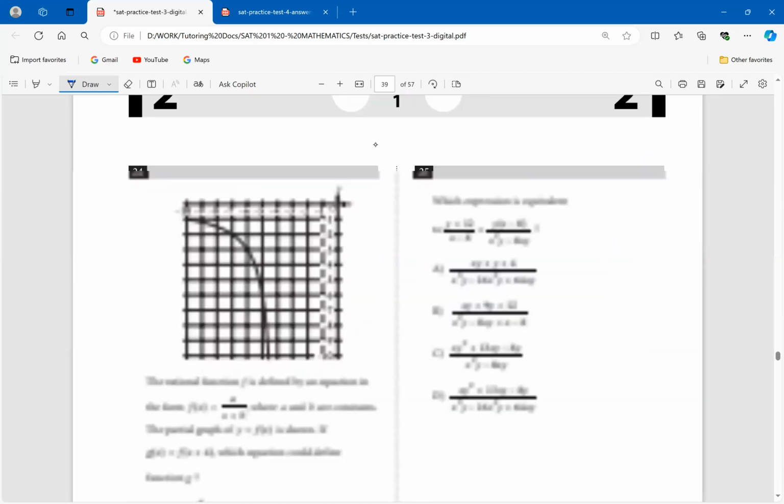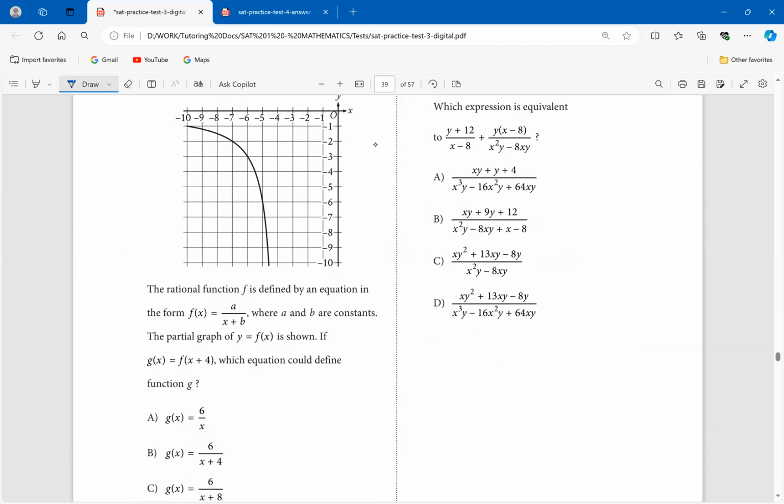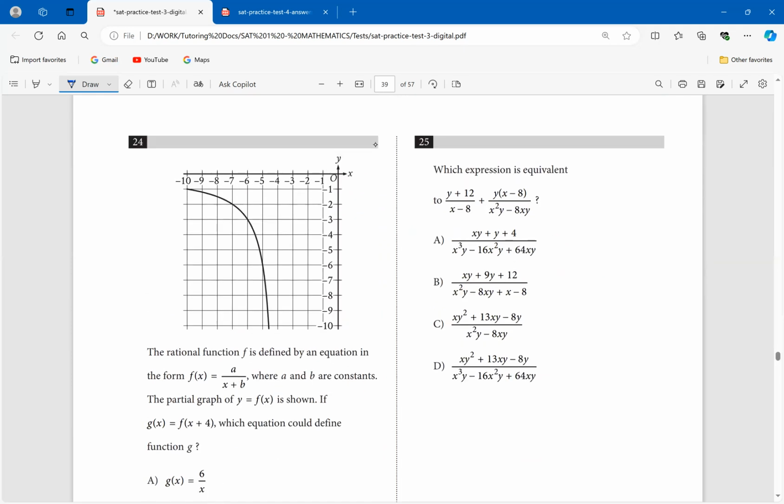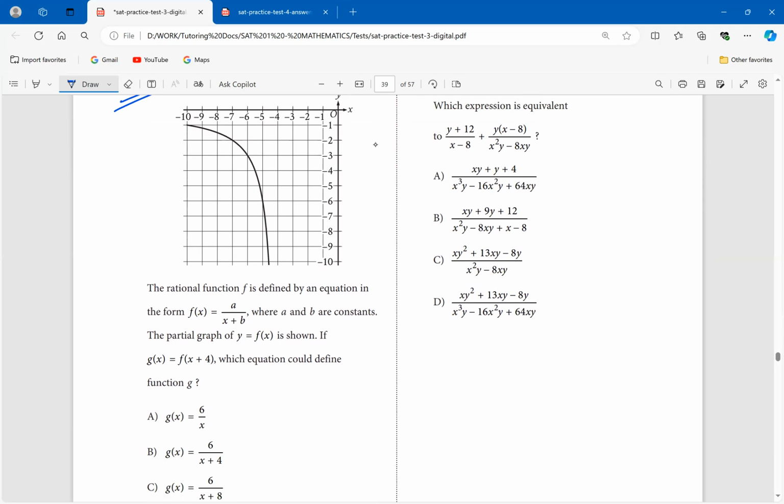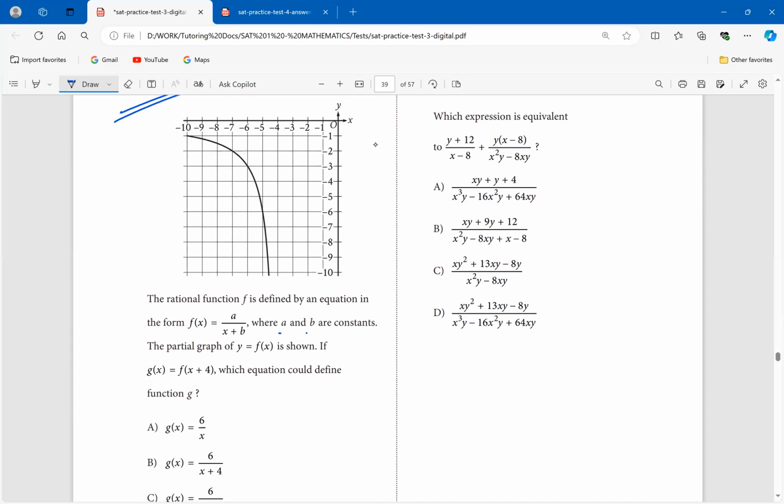Okay, now I'll head on to this question. Question number 24. The rational function f is defined by an equation in the form f of x equals a over x plus b, where a and b are constants. The partial graph of y equals f of x is shown.